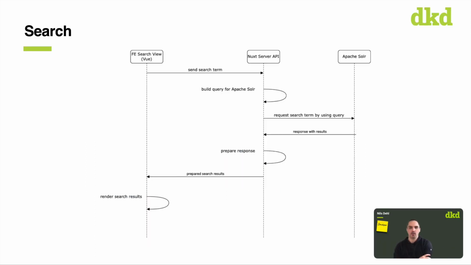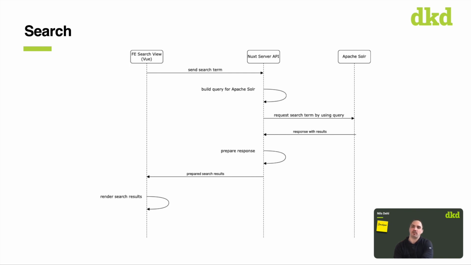So what's happening when we do the search in detail? We're starting in the user interface, in the search view with the search mask. We send the search term to the front-end server side, which is a Nuxt server API, which we will look into in a moment. The API side will build a search query, which will then be sent to Apache Solr.